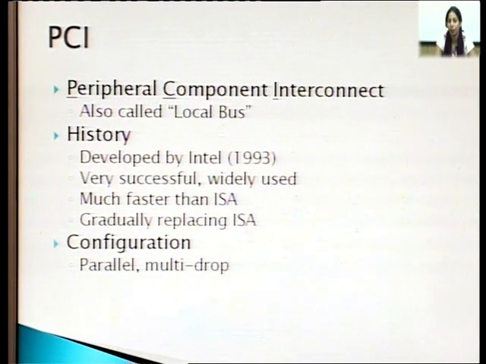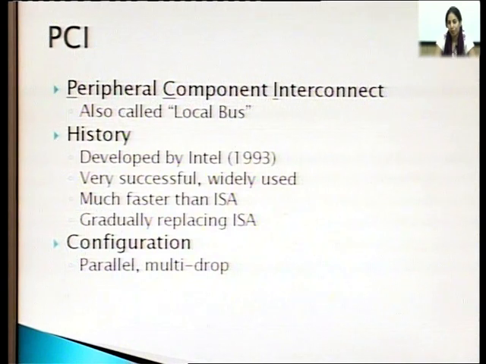History: it was developed by Intel, is very successful and widely used, much faster than ISA, and is gradually replacing ISA. Nowadays, where we have the concept of minimization, sometimes it can replace your ISA slots also. So according to our form factor, we can minimize the size of the motherboard also.